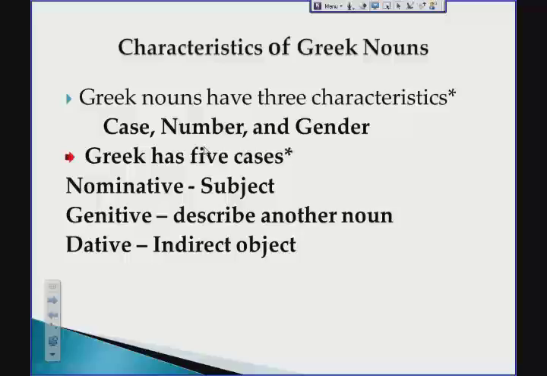The genitive describes another noun in three ways. What are they? I need you to be sharp in knowing these things. Okay, good. We'll come back to that.